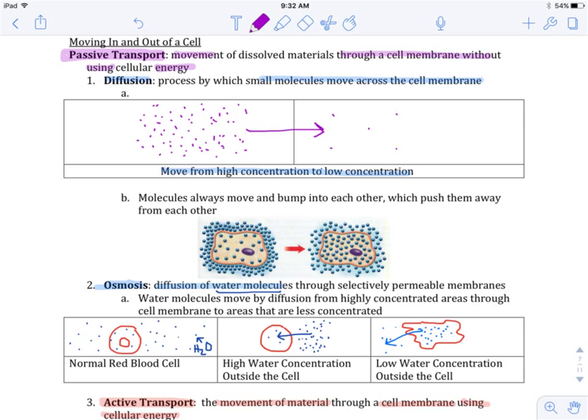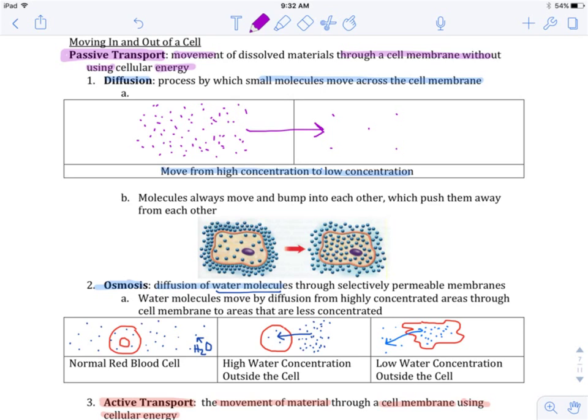So you can see here in this picture, there is clearly a cell with a high concentration of something outside of its cell membrane and a low concentration inside. What will occur is that the molecules that are on the outside will diffuse into the cell so that there is an equal quantity.